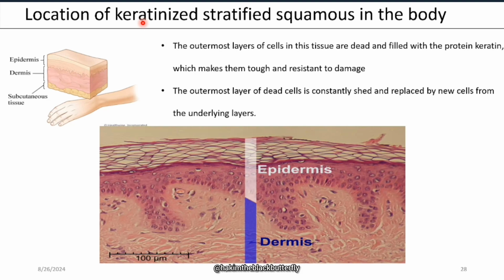Keratin is a protein that will enhance protection of your skin to prevent easy entry of foreign bodies into your skin, providing the first line of defense in your body. So because of the presence of that layer, your skin is going to be the first line of defense against different foreign bodies.